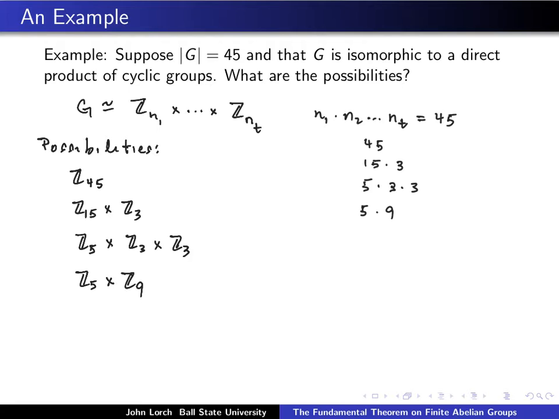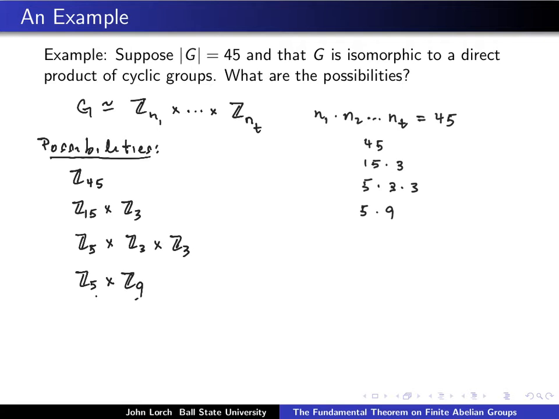Okay, at this point, we might congratulate ourselves upon being done with this problem, but there is a little bit of a difficulty here, and that is that some of these groups are repeats of each other. For instance, because 5 and 9 are relatively prime, we know that the direct product of those two groups, Z5 and Z9, must be a cyclic group, of order 45.